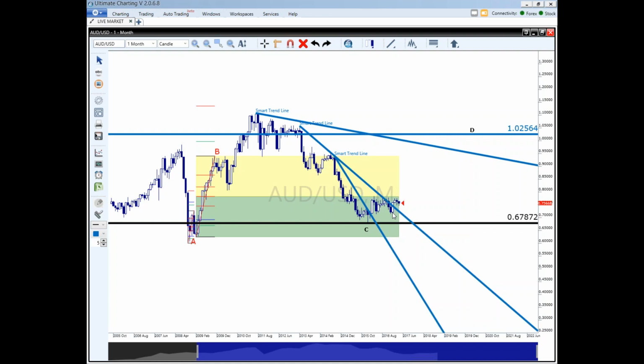The next bounce down, which it did. Then it broke the outer trend line and now looks to be near the backside. And if it continues to gravitate, then the outer trend line will be the next bounce. If that breaks, major reversal to that D. So we have a lot of space between the outer and long-term trend line.